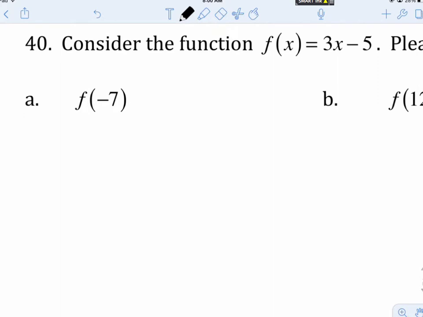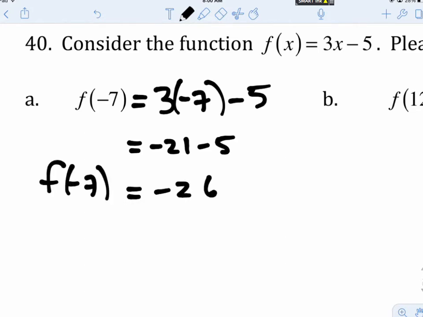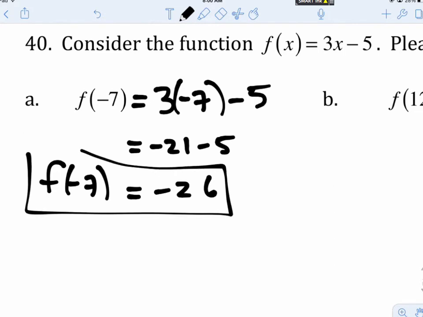And you say, well, I know what my rule tells us to do. It says, take that input, multiply it by 3, and subtract 5, right? We're just replacing that input variable x with a -7. So you get -21 minus 5 for a grand total of -26. So f of -7 is -26.